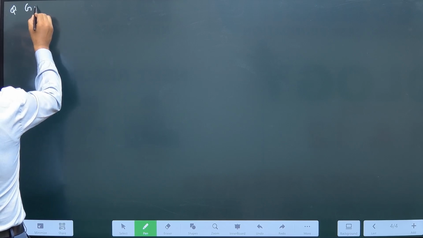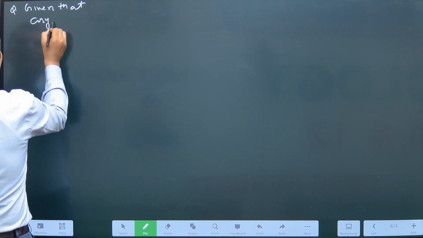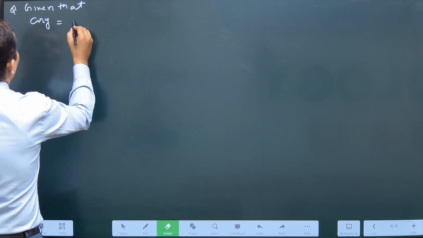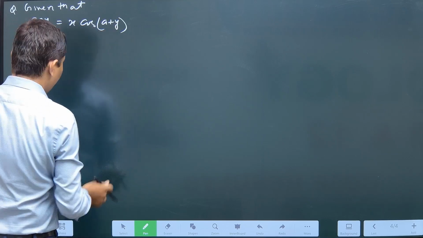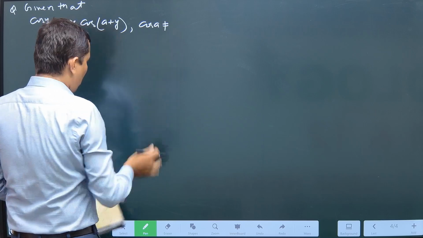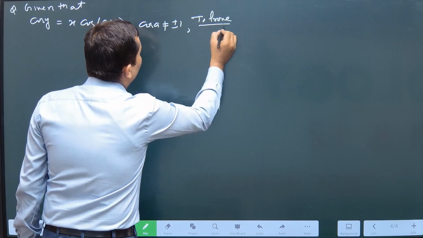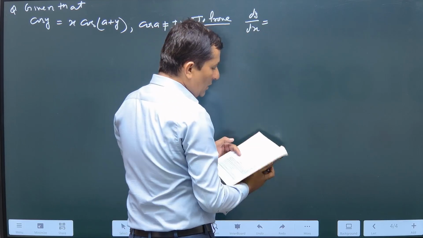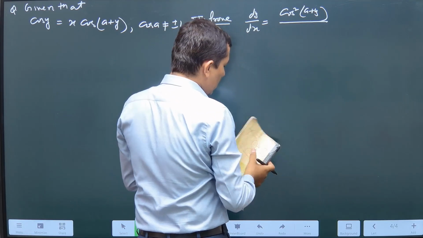Write down here, given that cos y is equal to x cos a plus y, given cos a is not equal to plus minus 1, to prove dy upon dx is equal to cos square a plus y upon sin a.